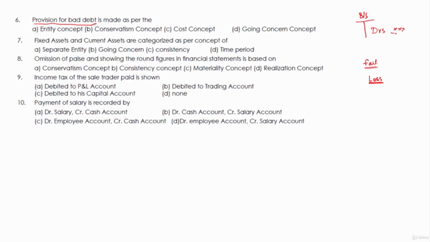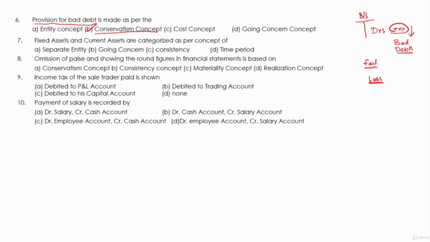You don't want to carry the debtors at inflated numbers, because in all likelihood this value will come down because of failure of some customers, which eventually we will write off as bad debts. So let us not give that shock to the readers of the financial statements when that event happens. Right now itself we will give them an indication, reduce the profit now itself by creating a provision for bad debts, and that is done as per the conservatism concept. So the answer is B.